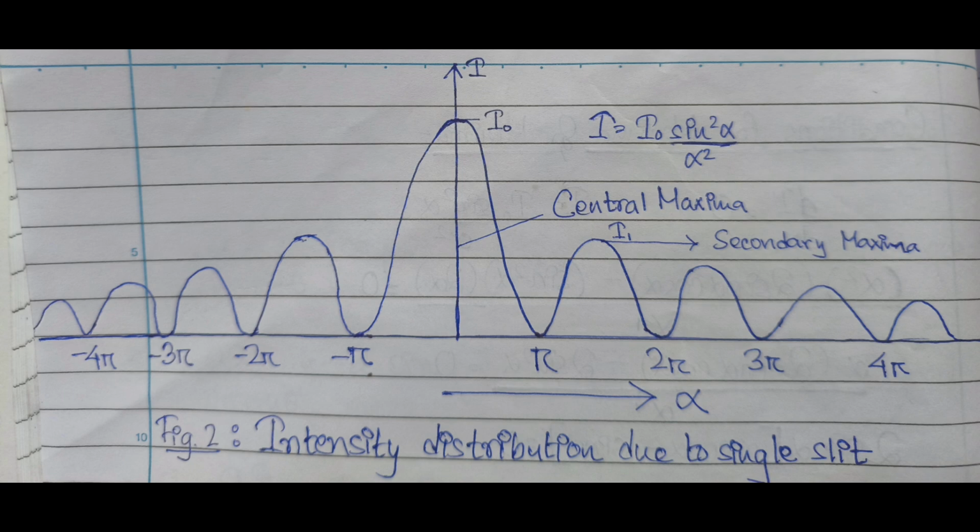We know that alpha equal to pi b sine theta by lambda. So for every value of alpha, that is pi, 2 pi, 3 pi, the point I1 is the secondary maxima. And that's all for today. Thank you for being a part of this lecture.